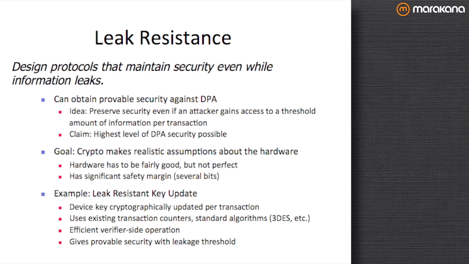What these things do is they don't actually fix the problem. They make it a little bit harder to discover the issues. Another thing you can do is if you can get the noise reduction down to a small enough level, then you can limit the number of transactions, and you can combine these techniques in order to get a reasonably secure solution.